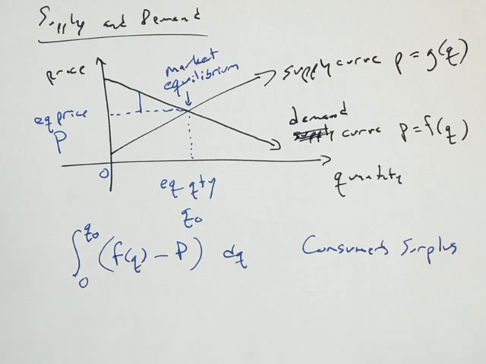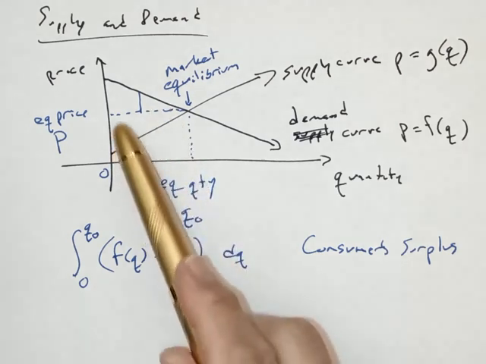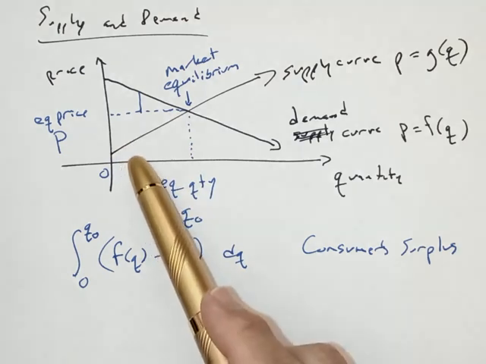But there's another area and a flip side to this same idea. Let's think about the supplier's perspective. They made more units and sold them at a particular price here. If the price had been lower, they would have produced fewer, right?